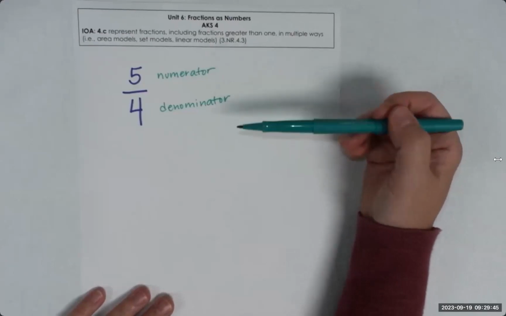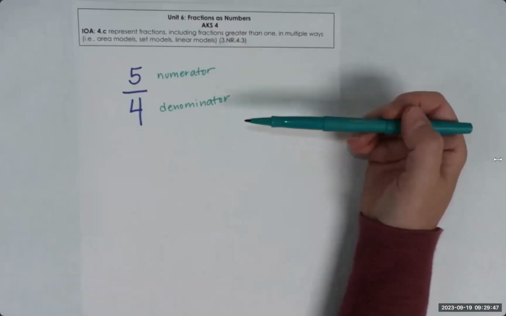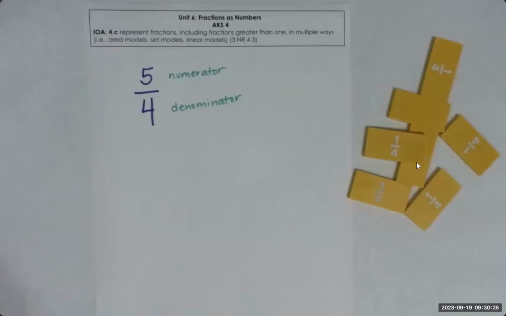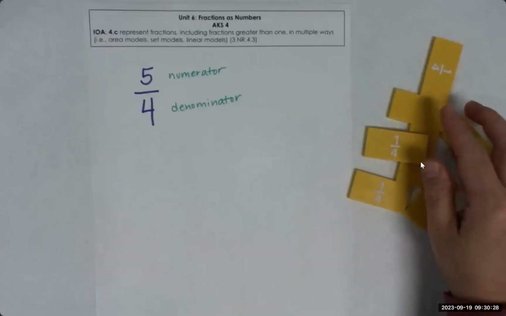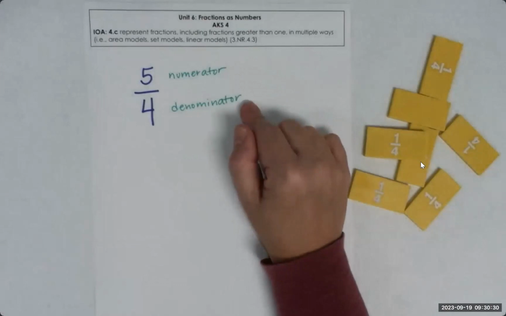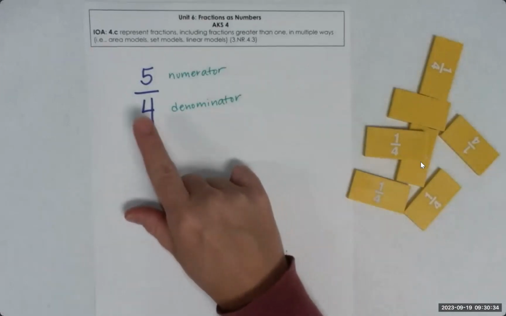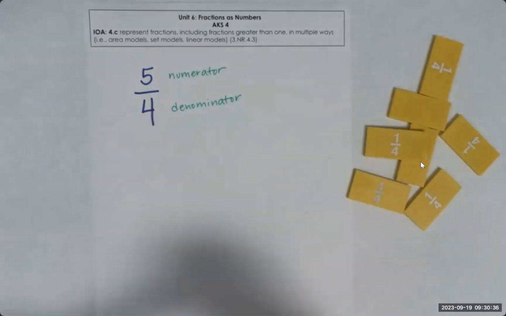Okay, so I can represent this fraction in a couple of different ways. If I want to represent this fraction using manipulatives, I know that my whole is partitioned into 4 equal parts.